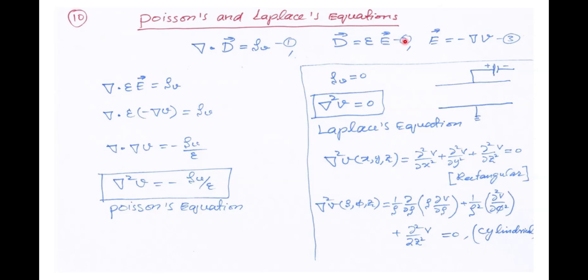Let us call it equation number 2. We can also obtain the electrostatic field using the negative gradient of the scalar potential function. Combining these three equations, we come across this second order differential equation.